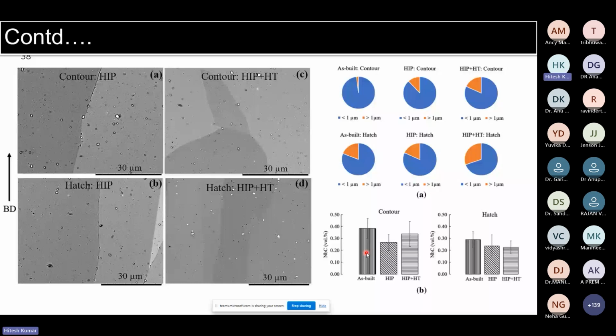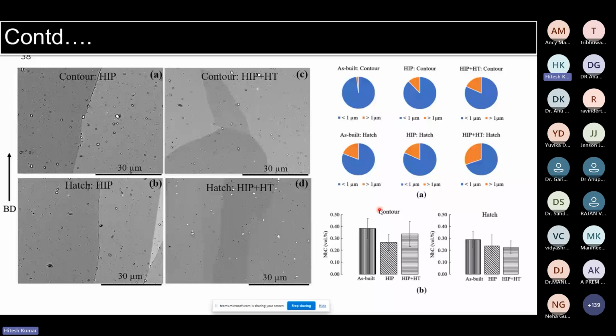What we observe in HIP plus heat treated, in the H direction, niobium carbide precipitates go lower. But in the contour direction, because we are heat treating at a higher temperature, the formation of niobium carbide precipitate is more.